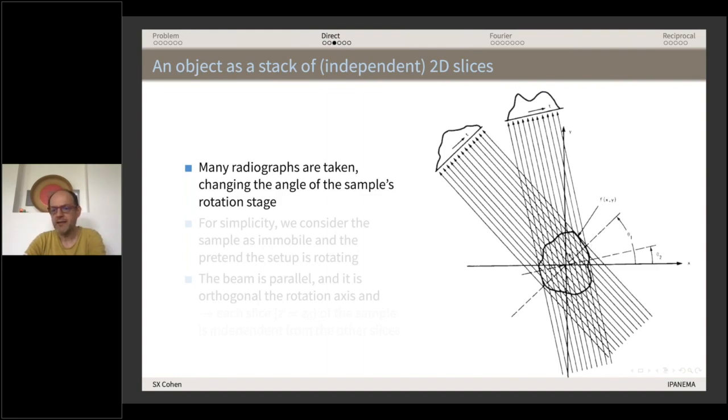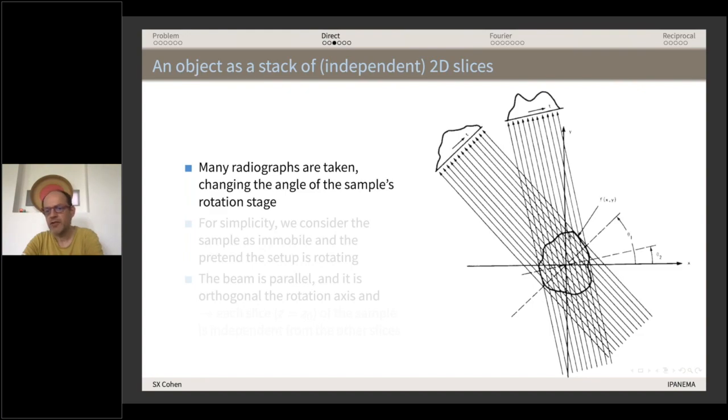In this case, for example, you have the sample represented by this blob in the middle, and you have two relative positions of the detection system, one with this angle, called θ2, and another with this angle θ1. Every time, you have this parallel beam which goes through the sample and is measured on a detector, showing a profile which depends on the angle.